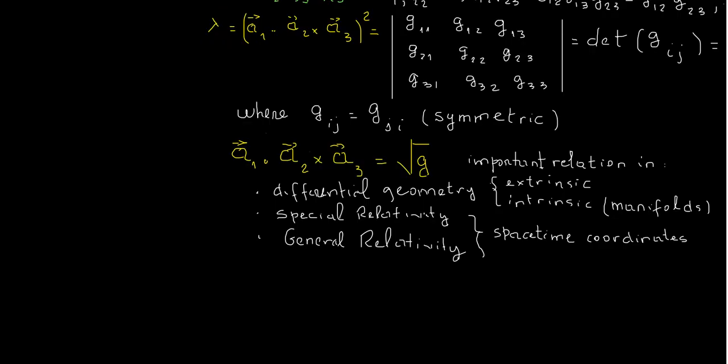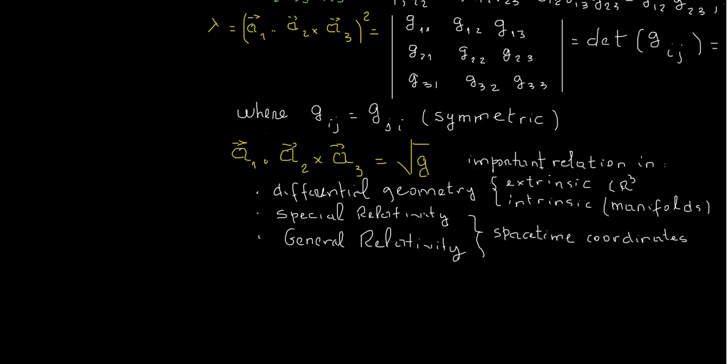Okay? This important relation in differential equation, special relativity, general relativity. Differential geometry also is applied in extrinsic geometry. In general, when I say extrinsic geometry, it's our classical math. This is in general I use for R3, okay, in 3 dimensions.